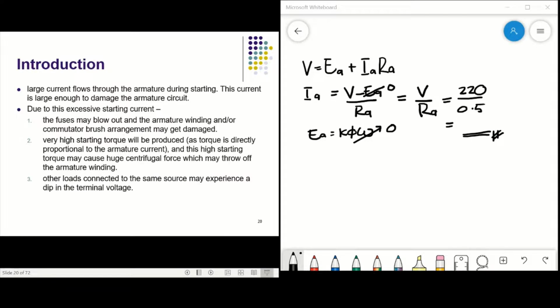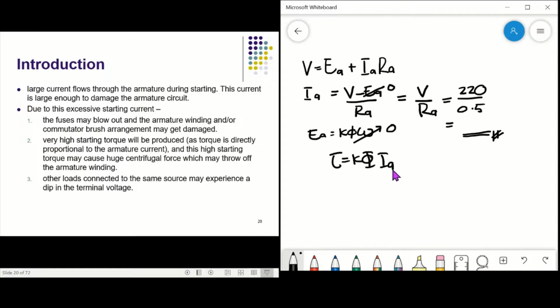Due to this excessive starting current, the fuses may blow out and the armature winding or commutator brush arrangement may get damaged. And a very high starting torque will be produced. Why? Because torque equals K flux IA. So if you want to calculate the starting torque, you need to use the starting current.